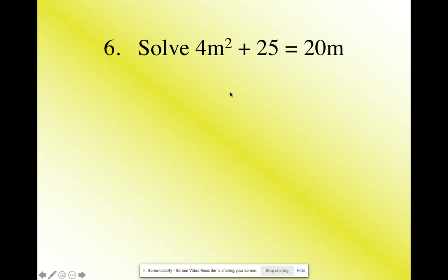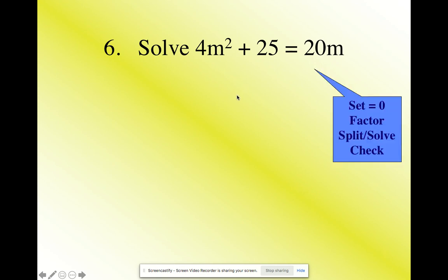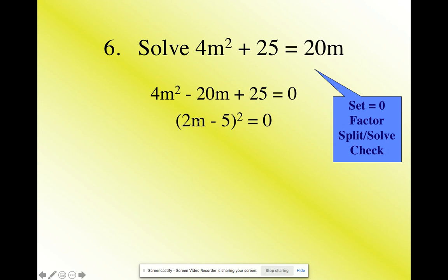Again, we have something like this: 4m squared plus 25 equals 20m. We have to bring that 20m to the other side by subtracting 20m. From here, we can either look for a least common factor or greatest common factor and pull that out. Sorry, I'm not seeing one. If that 25 was different, we would have one, but we don't.